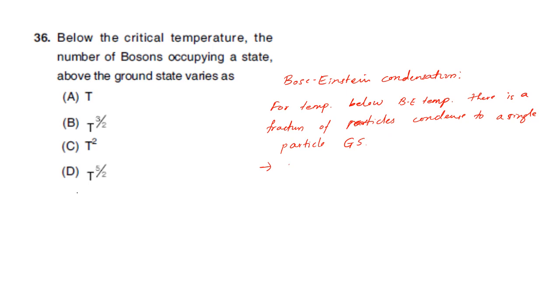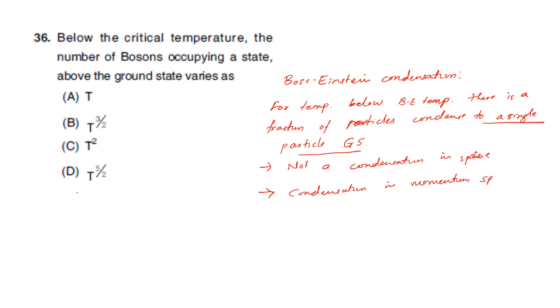It is not a condensation in space. It is just condensation into the single particle ground state. And here it is a condensation in momentum space. Then you can say momentum is 0.